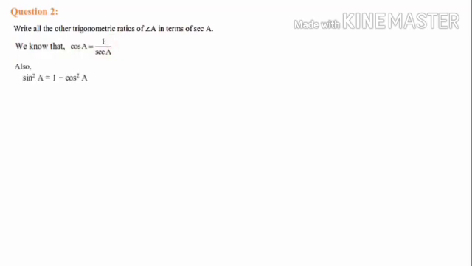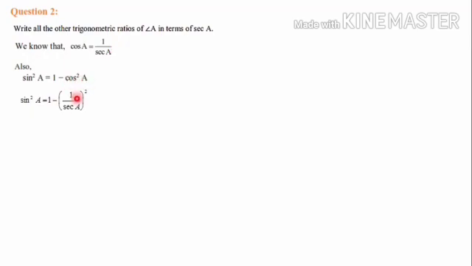Next one, by using the identity we can write sin square A is equal to 1 minus cos square A. Here why we are choosing this identity in the sense we need sin A in terms of sec A. Here cos in terms of sec A is already calculated. So 1 minus cos square A, if you substitute cos A value we will get sin A in terms of sec A. Let's substitute it, that is sin square A is equal to 1 minus cos A is 1 by sec A.